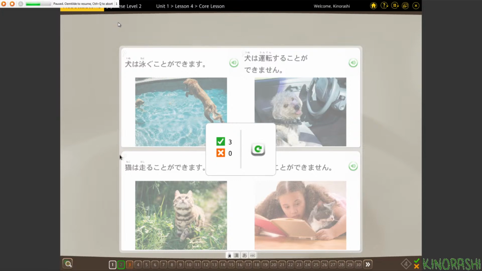Let's find an example I've actually seen it used before. Let's see. Sushi tabeta koto ga arimasu. I have never eaten, or arimasen. I have never eaten sushi.